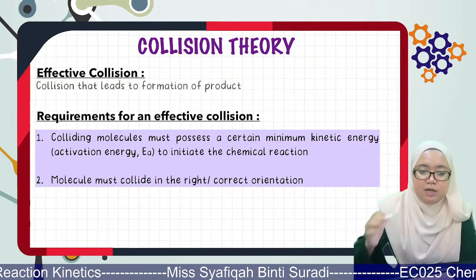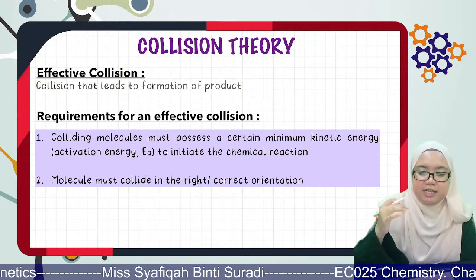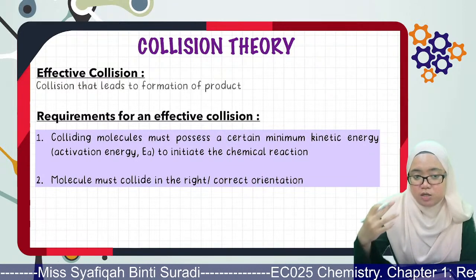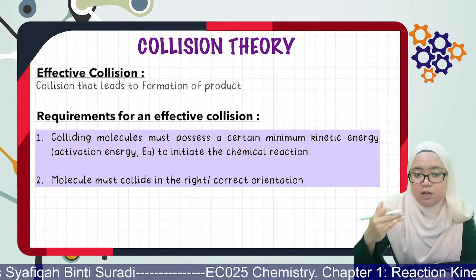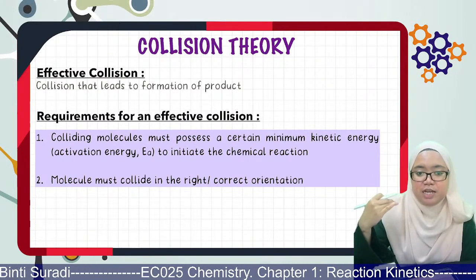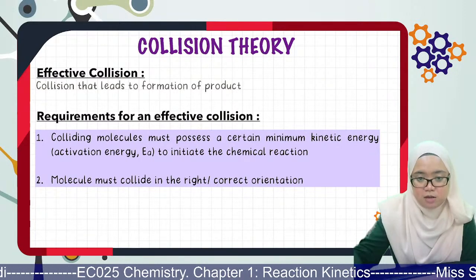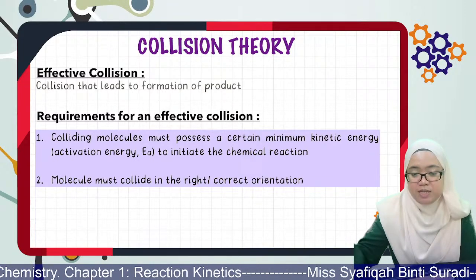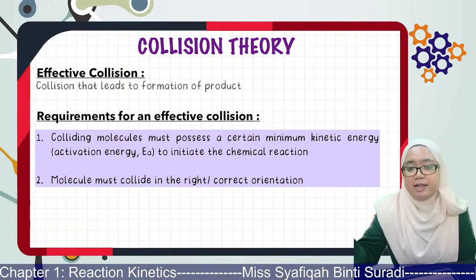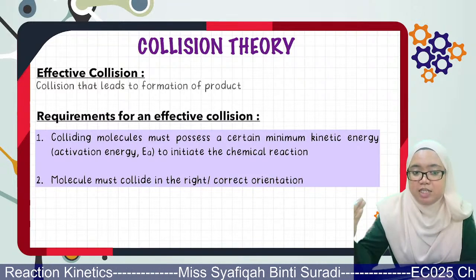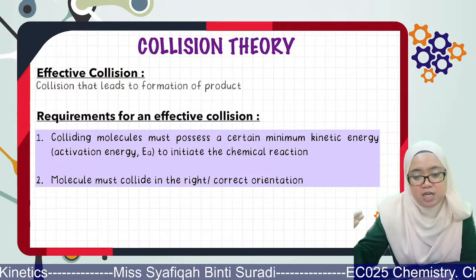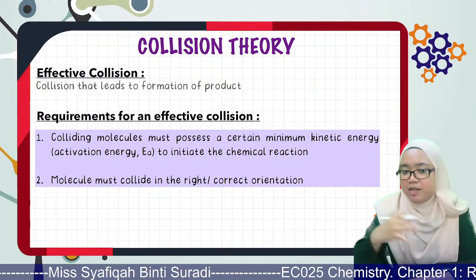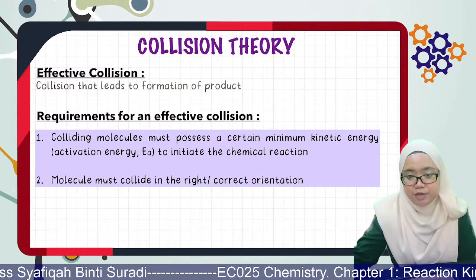Maksudnya dia punya kinetic energy of the collision tu mesti equal or greater than the activation energy supaya dia boleh proceed untuk proceed pergi pada produk. Kalau dia hanya collide tapi dia punya kinetic energy dia less than activation energy, then dia akan form balik reactant, dia tak akan pergi kepada produk.